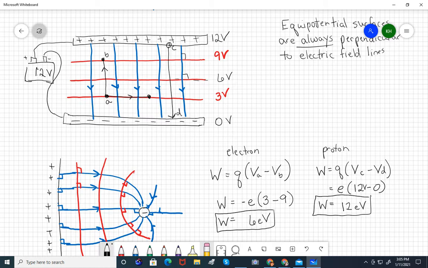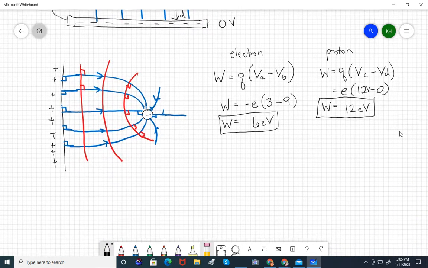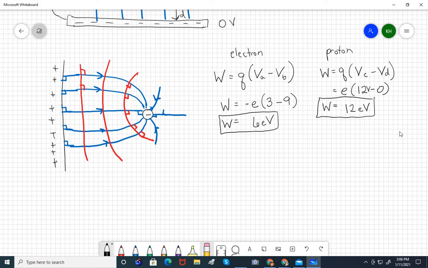If you want that to be in joules, just remember 1 electron volt is 1.60 times 10 to the negative 19 joules. So if I have 6 electron volts, I just have to multiply by 6.